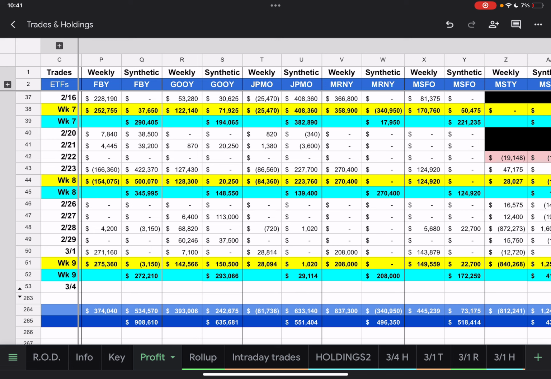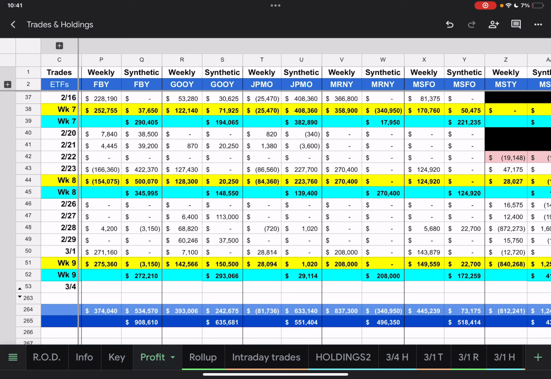Because a lot of the times I'm seeing that when they're going to have a loss, especially if it's a large loss, they close out some of the synthetic to offset that loss. So I don't know. I will find out though, because it's irritating not knowing.